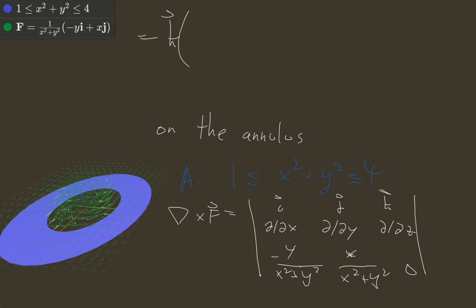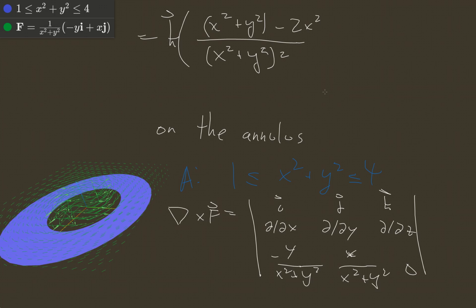Okay, so del by del x, using the quotient rule, this will be something over (x squared plus y squared) squared. So derivative at the top, this will give x squared plus y squared, and then minus 2x times x, so minus 2x squared. Then we take minus del by del y of negative y over x squared plus y squared.